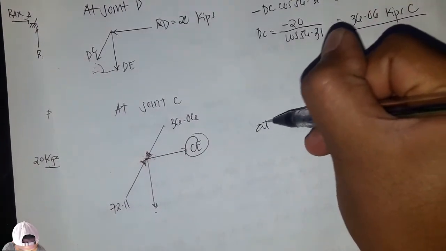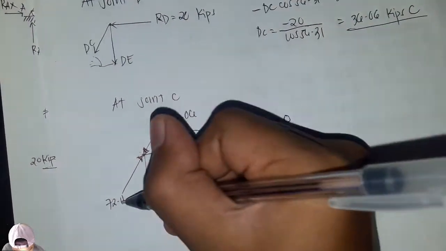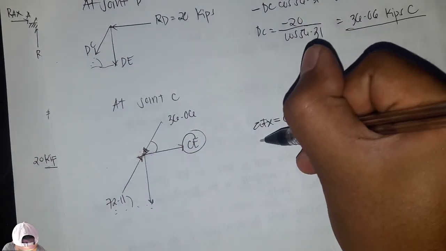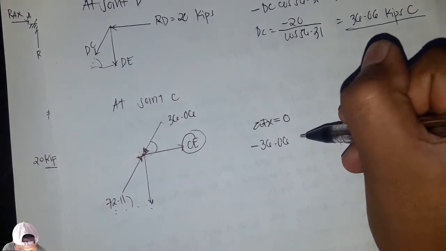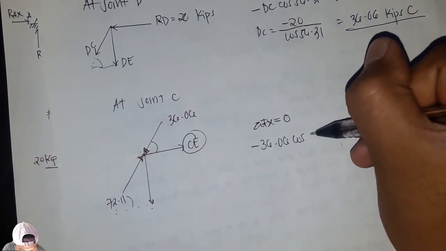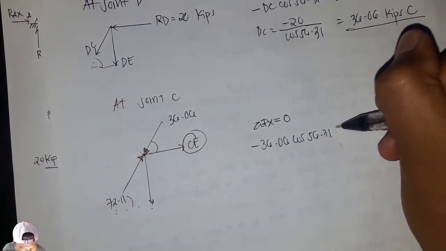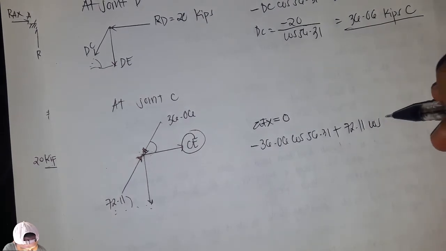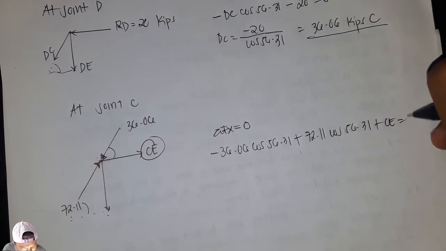So summation of forces X equals 0. It's the same angle for both. So negative 36.06 cosine of 56.31 plus 72.11 cosine of 56.31 plus CE equals 0.